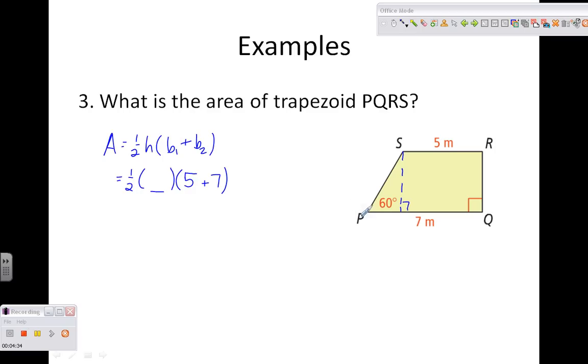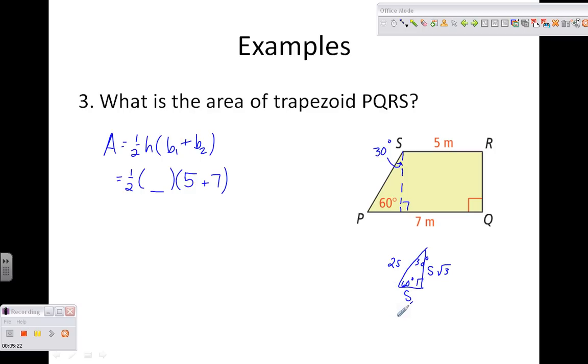However, it does tell me that I have a 60-degree angle right here, which when I drew in this altitude, this height, which gives me a right angle down here, if I look just at the triangle, that means this angle is 30 degrees. And if we remember from our previous chapter, in chapter 8, when we have a 30, 60, 90 right triangle, we have a special relationship that exists where the side opposite the 30-degree angle, if we consider that S, the side opposite the 60 is that length times the square root of 3, and opposite the hypotenuse is that length times 2.